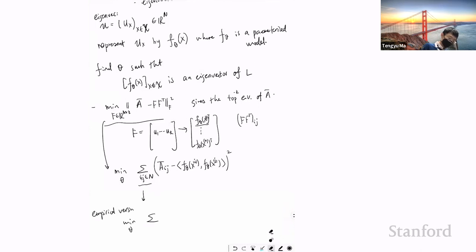Maybe I'll just say you can subsample this, estimating it using empirical examples.